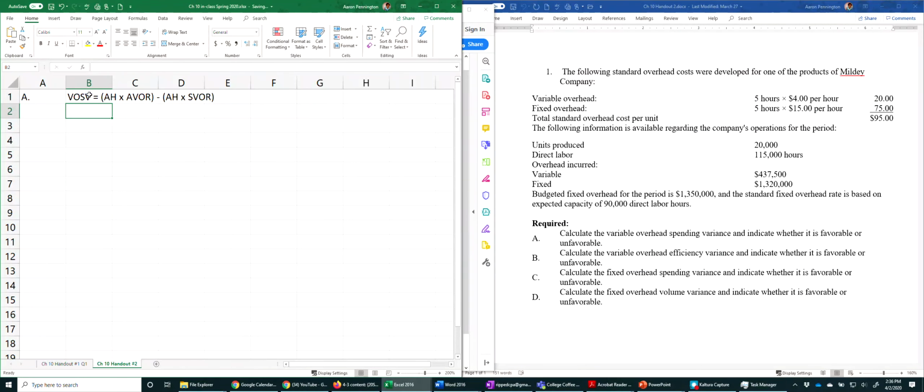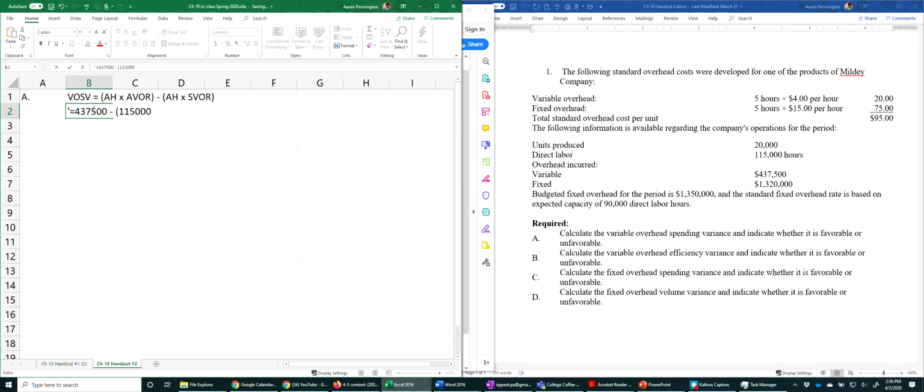Now, for this particular problem, for this chunk, the actual hours times actual variable overhead rate, well, that's given. The product of that is given. So that's just your 437.5. So we don't really need to back that out. We've got that in total. So we can start with that number. And we're going to subtract actual hours, which is given, 115,000 direct labor hours.